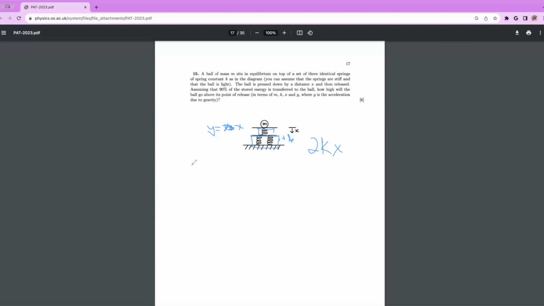On that, the external forces are the force of whatever it is pressing down, and then the force of mg. And this will be equal to whatever force is exerted on it.